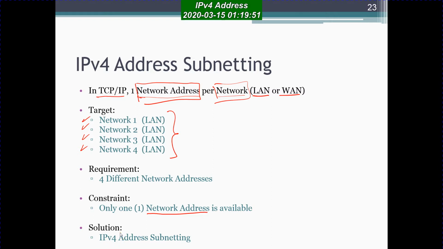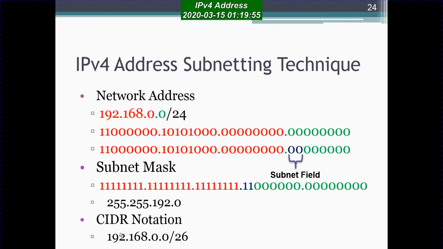So how to do subnetting? This is very simple. We need to expand the network address to the right. This is the network address 192.168.0.0/24, as we have seen in the previous video. This is a class C network address, and this byte in green color is the host address field, and it is 0.